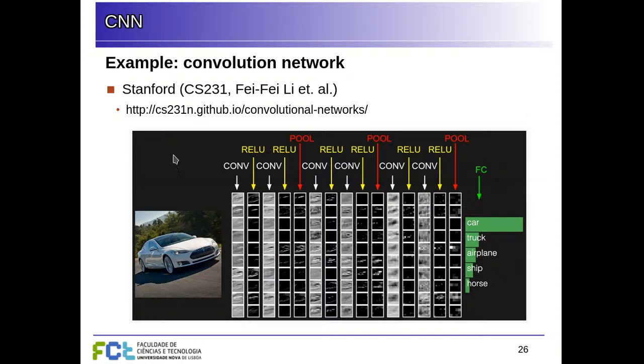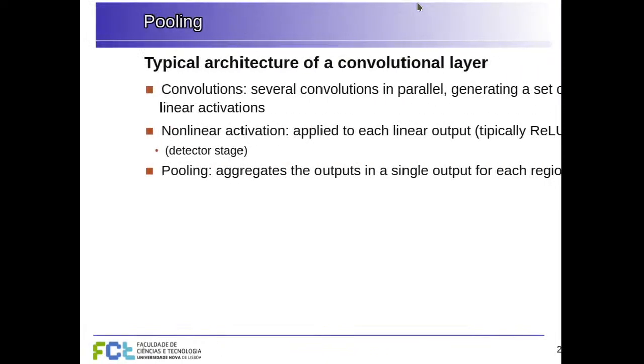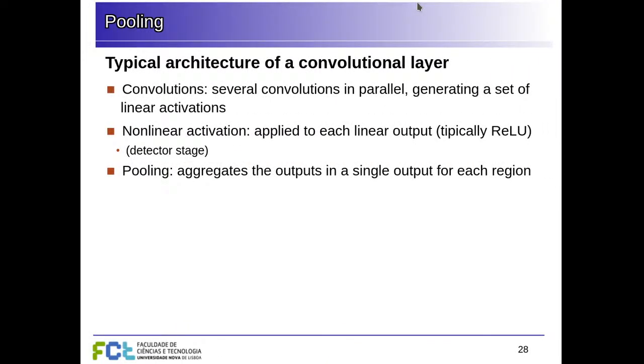Another thing that we can do after doing convolution is use pooling to shrink the size of the feature maps. This is done typically between convolutions, because we may want to aggregate the outputs of several pixels, several locations on the feature map, in order to reduce the size of the feature map and make it less sensitive to small changes in position on the input.